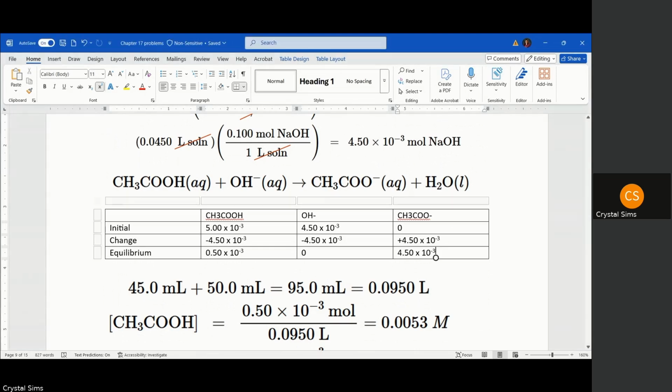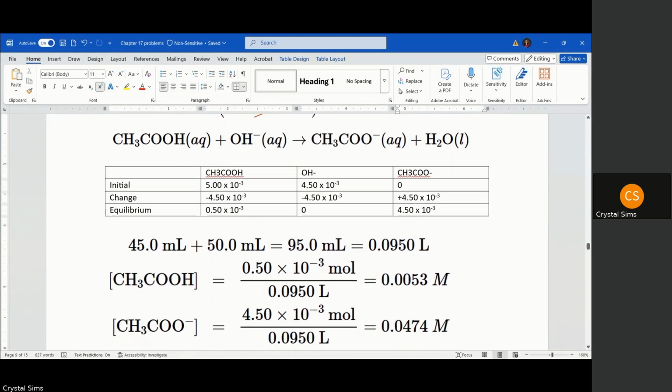We're going to do the same thing for the acetate ion. We have 4.50 times 10 to the negative 3 moles and a total volume of 0.0950 liters. And so we end up with a molarity of 0.0474.